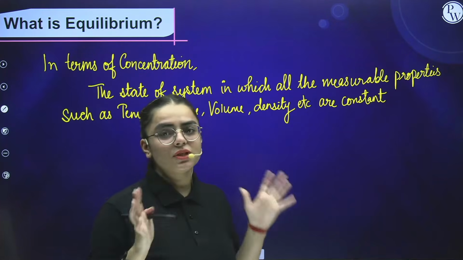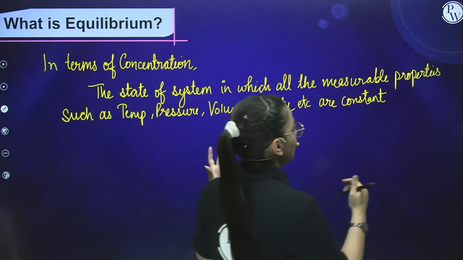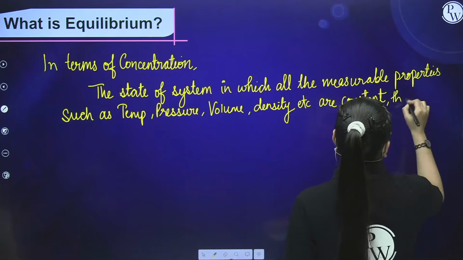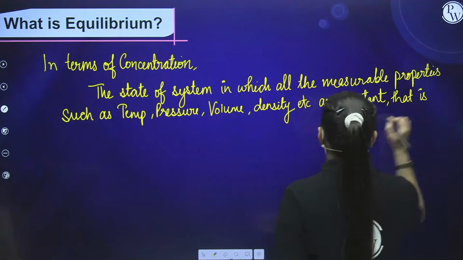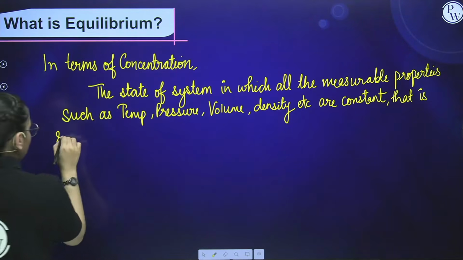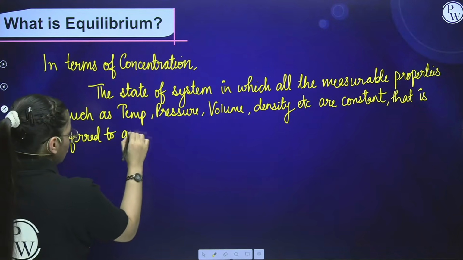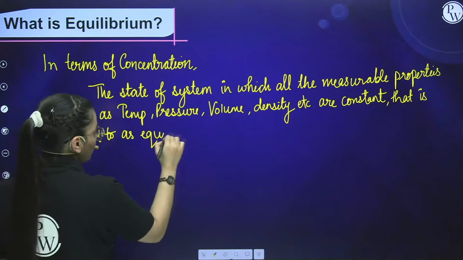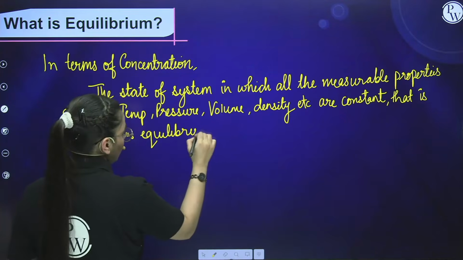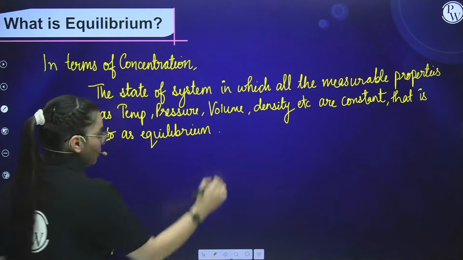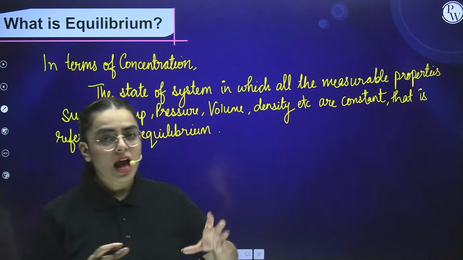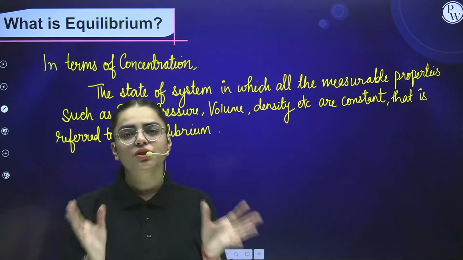Then that state of the system is referred to as an equilibrium state. Now students, I am going to explain in detail how concentration is responsible for the definition of equilibrium.